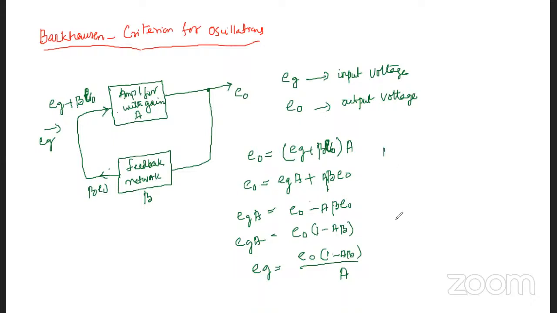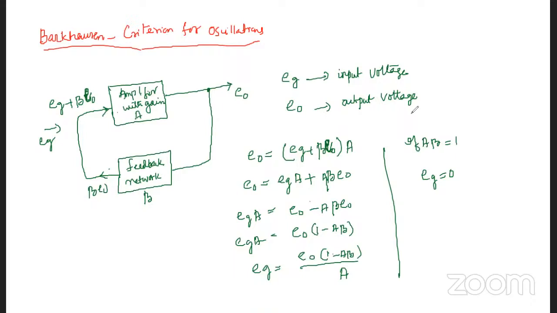Now if A beta is equal to 1, what happens? This becomes 0, that means the EG value becomes 0. EG is nothing but the input voltage.